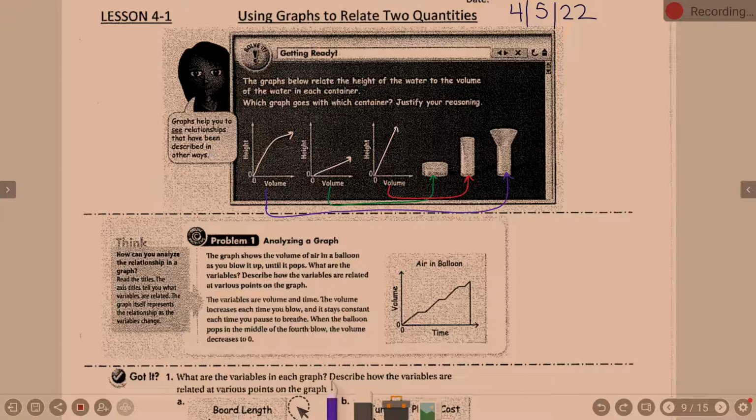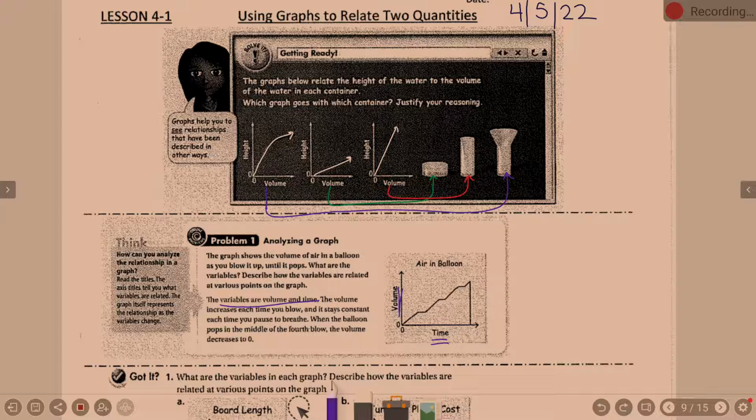What are the two things that are changing? The time and the volume. So right here, the variables are volume and time. Those are the two things that are changing.